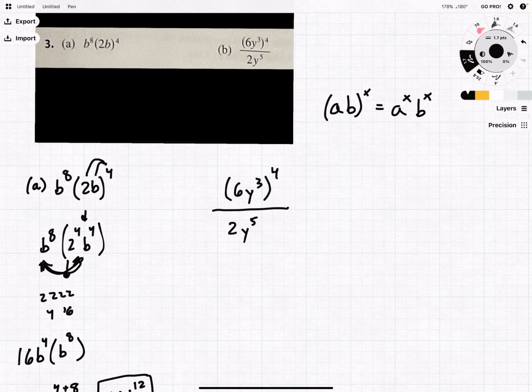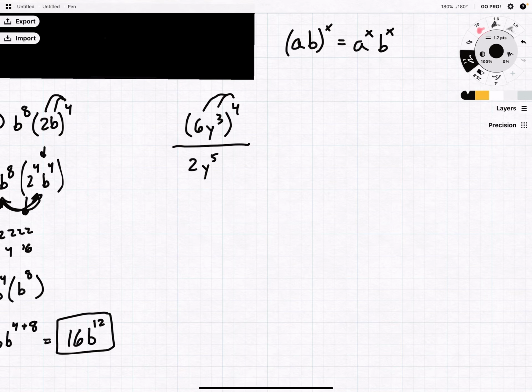Again, this 4 distributes to both of these. Now y to the 3rd to the 4th is going to be y to the 3 times 4, because it's not y to the 3rd times y to the 4th. It's y to the 3rd to the 4th power, so we multiply the exponents. That will give us y to the 12th.